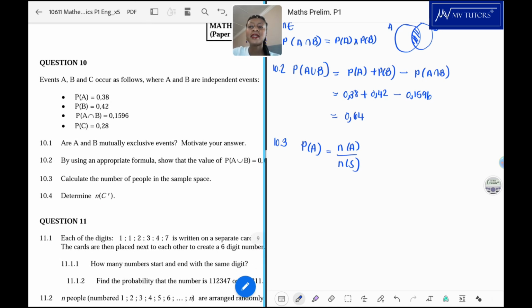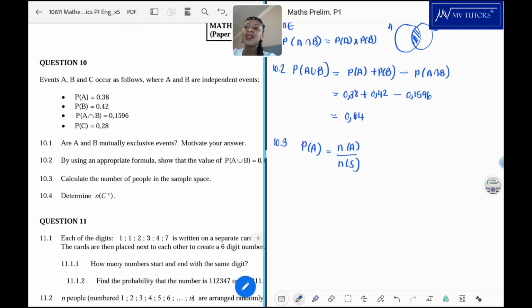Now it says calculate the number of people in the sample space. It would have been nice if they at least told us how many people are part of event A, or they could have told us in event B or something, but they didn't give us any number. All we have is the probability of the events occurring.